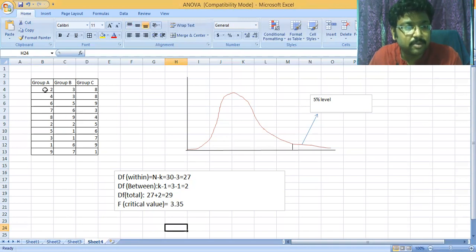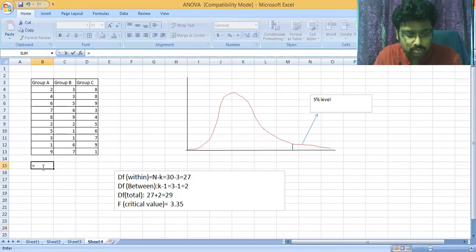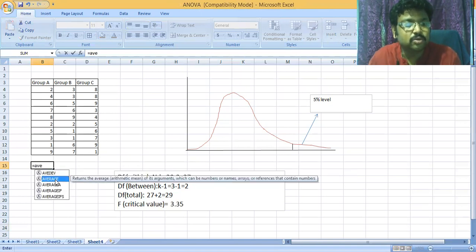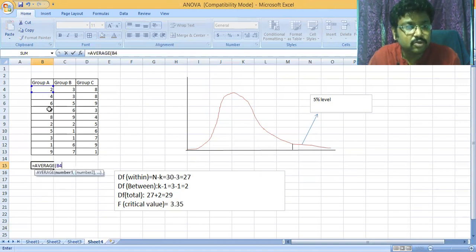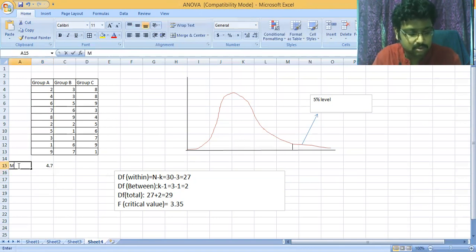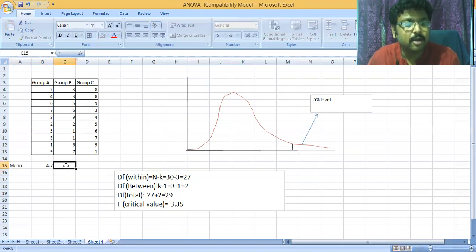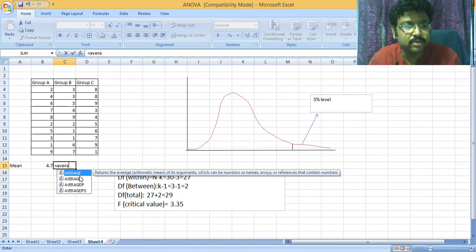Now we have to find out the mean. Average is the mean, so this is the mean of this group. This average is also called the mean, you know.